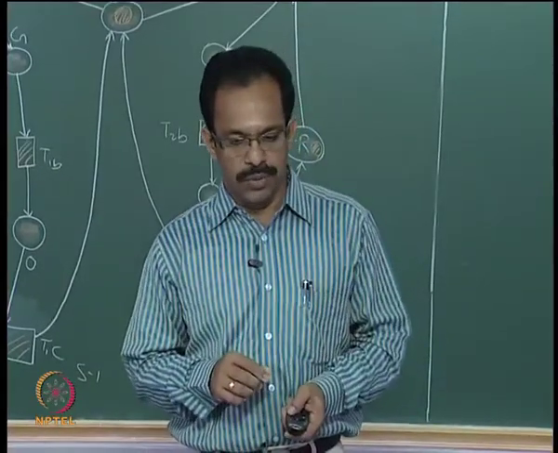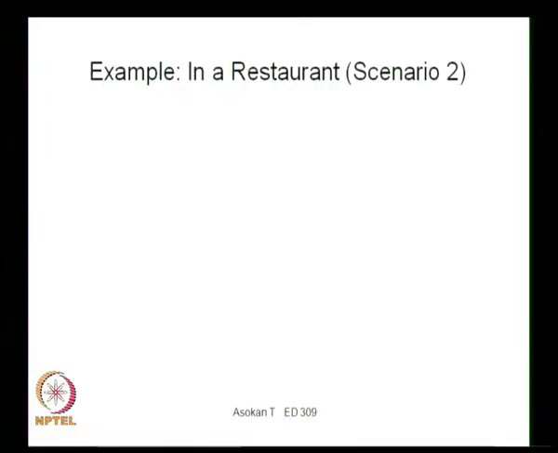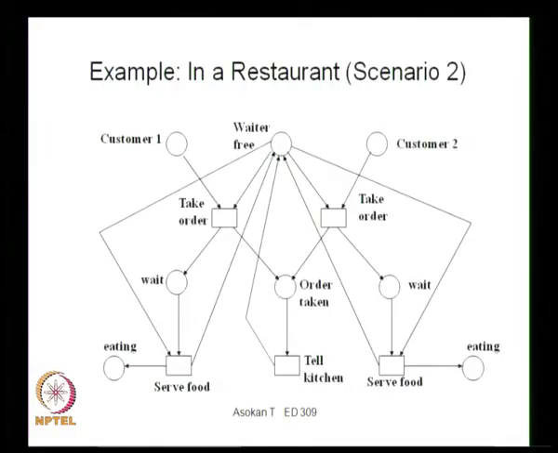So scenario 2 is almost similar, except that the situation changes. Here the waiter and customers are free, and then he takes the order from customer 1. So the customer is waiting, the order is taken and that is informed to the kitchen, and the waiter is free. One customer is waiting for food, the other customer is waiting to place the order.